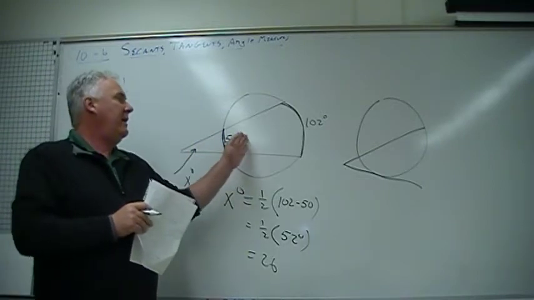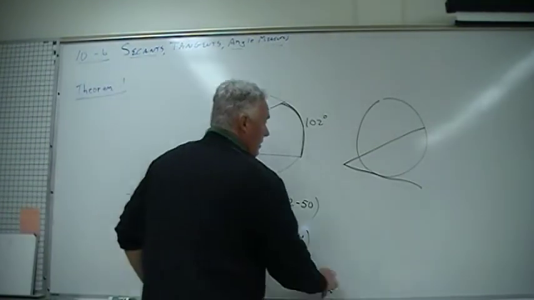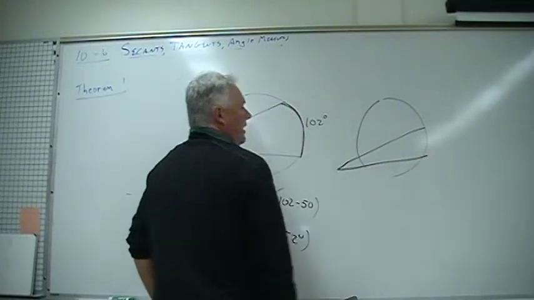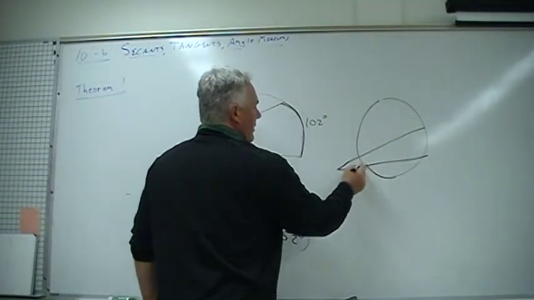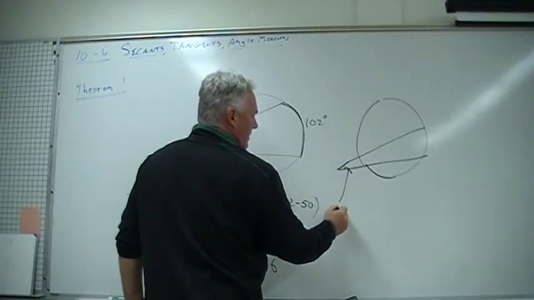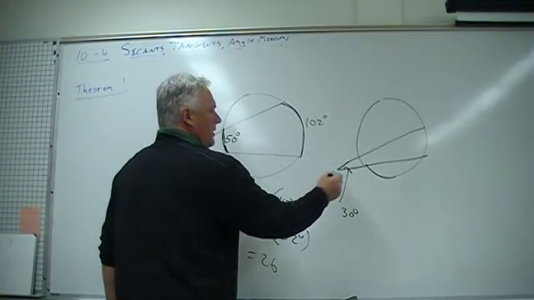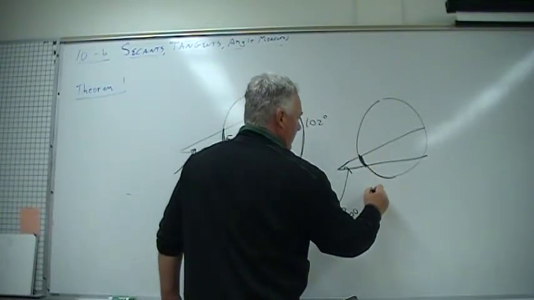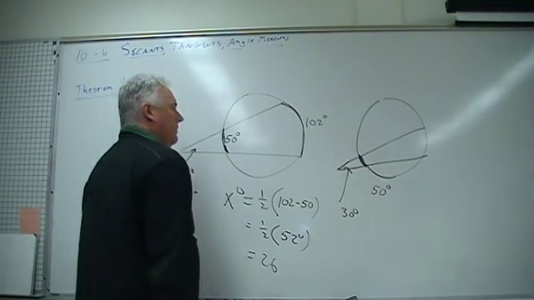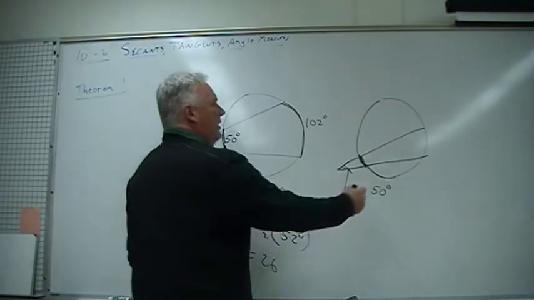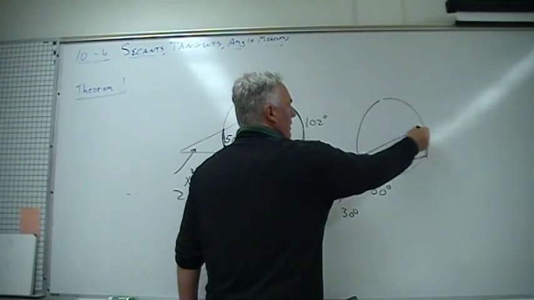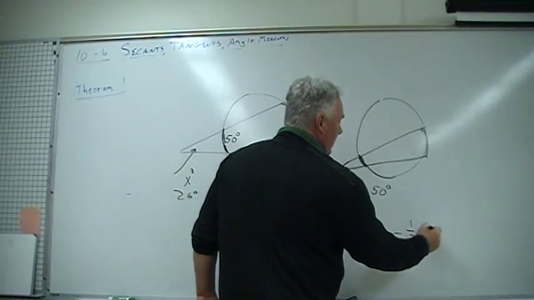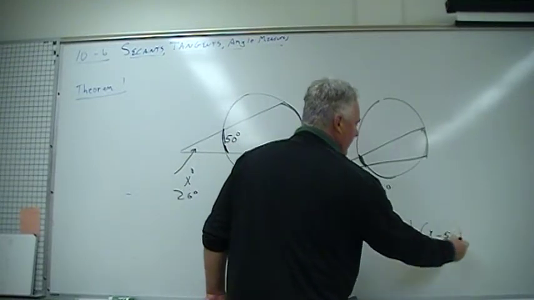You could also find the arc. If I've given you this angle, which is 30 degrees, and this arc, which is 50 degrees, what's the measure of this arc? So 30 will equal 1/2 of (x minus 50).